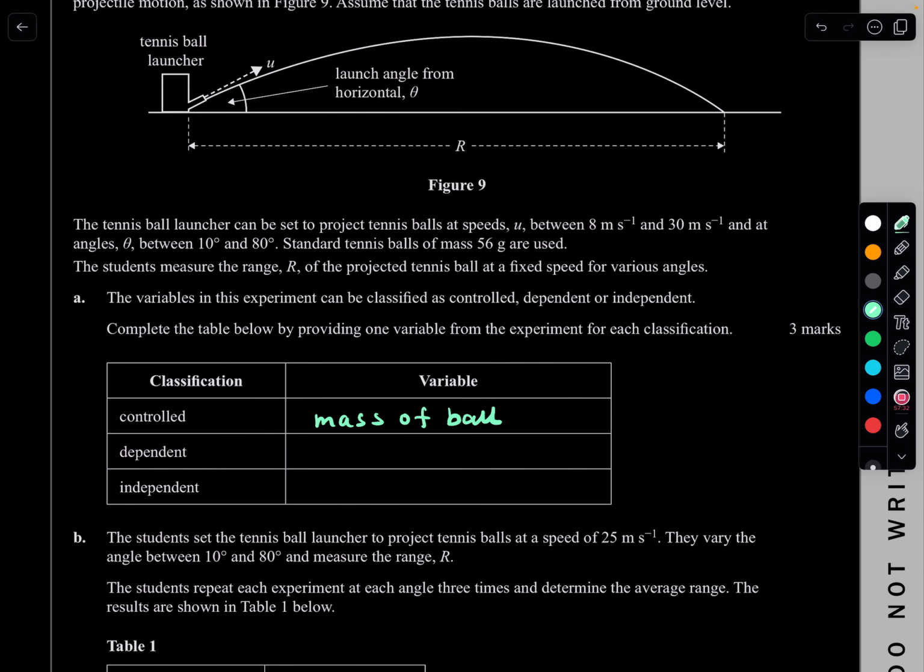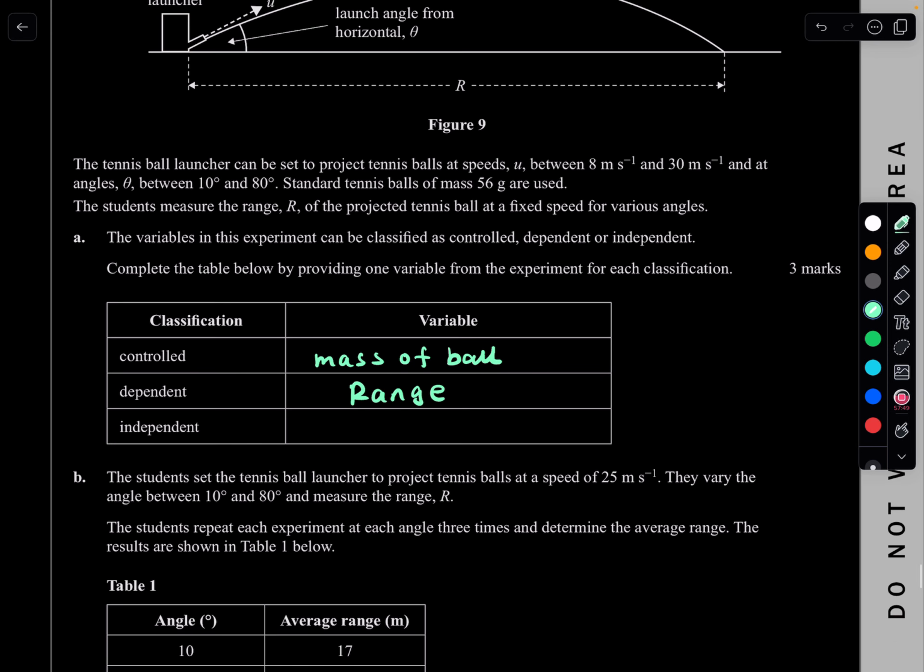We're trying to measure the range. Your independent variable is the variable that you are changing. The things we can change are both the angle and the speed of the ball, but I'll just say one, so angle.